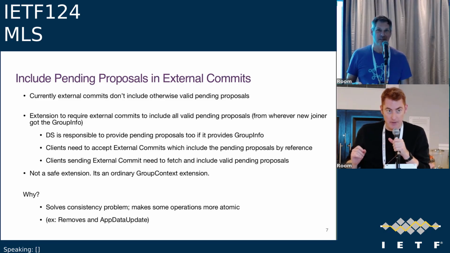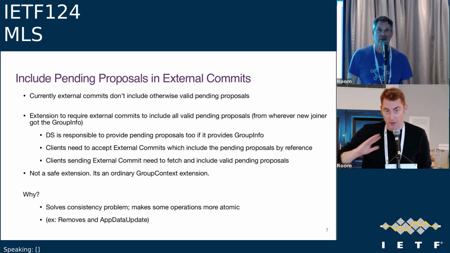So the problem you're describing here is the existing ones. You would like to make those legal, quote unquote, in a regular external commit. So we're talking about add proposals, remove proposals, update proposals, PSK proposals, and reinit, because all others can already specify that.